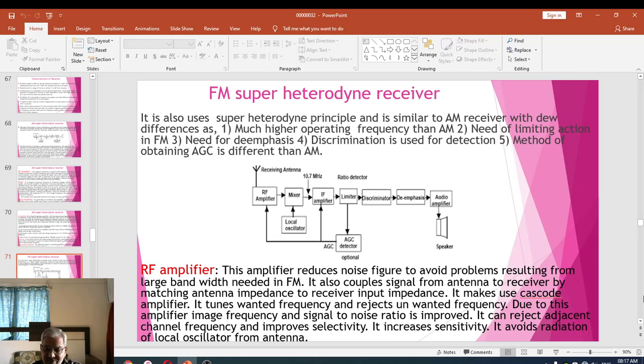Friends, as far as the AM receiver is considered, it operates within the frequency of 500 kHz to 1600 kHz with the intermediate frequency in between 430 kHz to 555 kHz, but the standard intermediate frequency is 455 kHz.